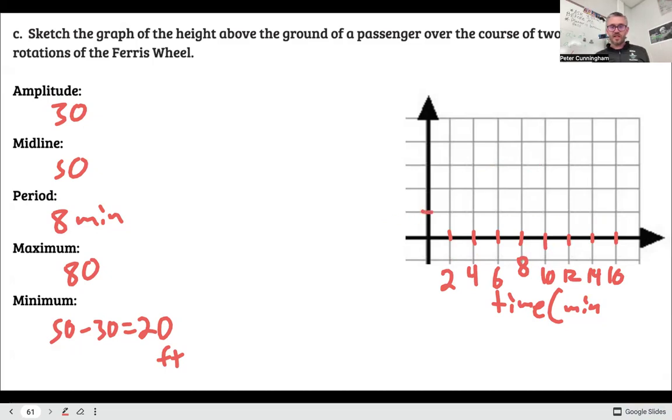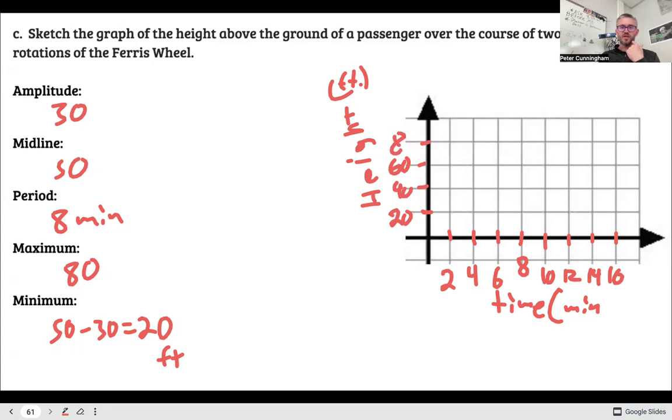All right, now I need to measure my height, we're measuring in feet. Okay, so we're going to go 20, 40, 60.